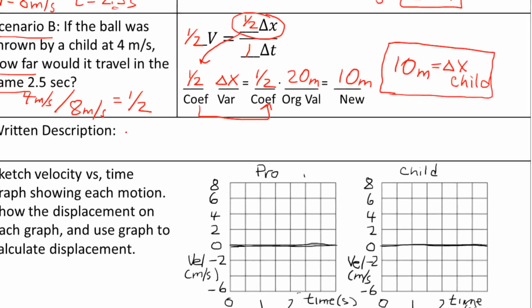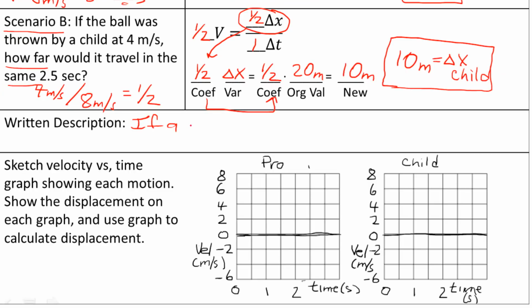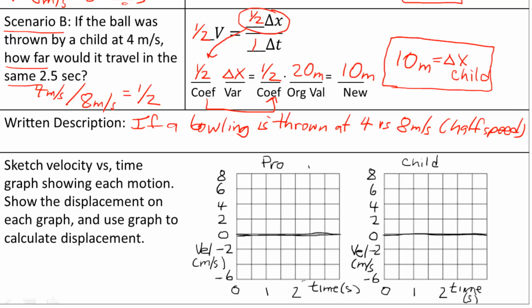Let me put in a little written description. So I could say that if a bowling ball is thrown at 4 versus 8 meters per second, so another way of saying is half speed, the ball will travel half as far.